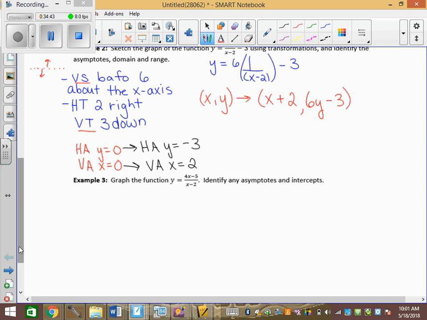So for this, we're going to find any asymptotes. Well, we're just going to find vertical asymptotes first. So we factor the top and the bottom if possible. Can we do anything to the top and the bottom?